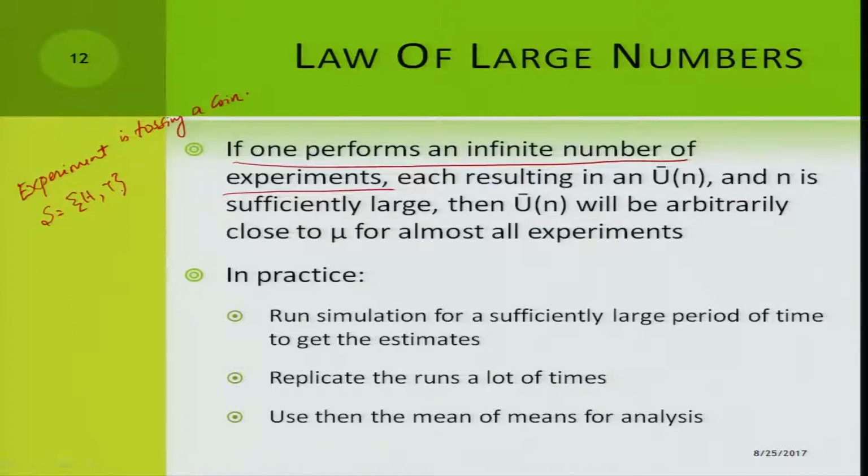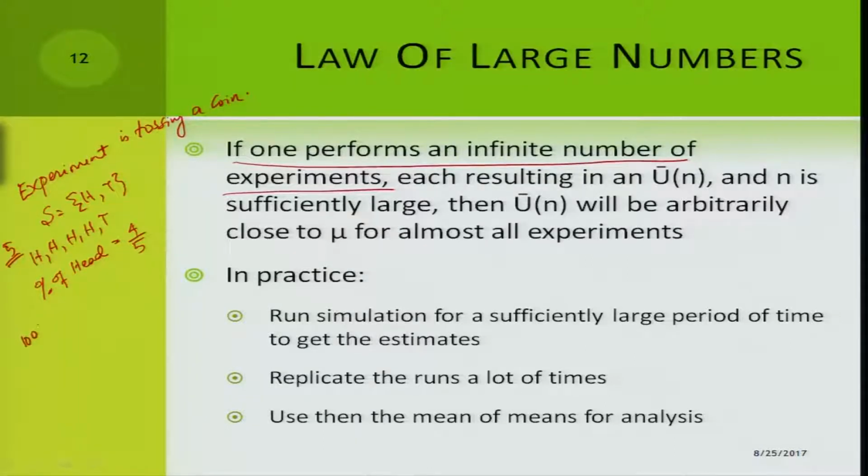If you do the experiment 5 times and you got head, head, head, head and tail, and you try to estimate the percentage of head, it will be 4 out of 5, which is not the real probability. But if you do this 5 times, this is what it is.